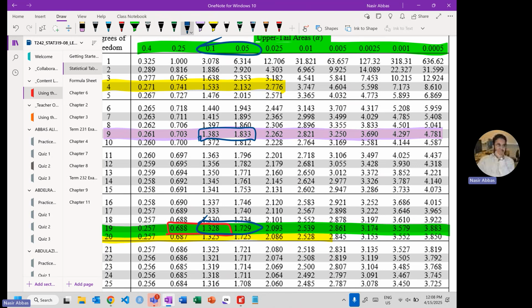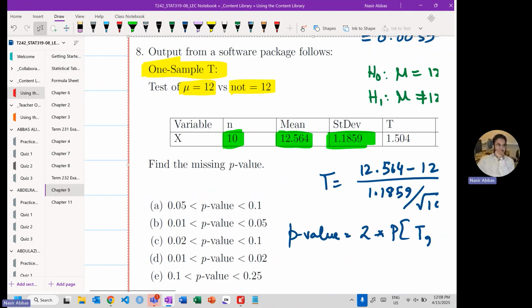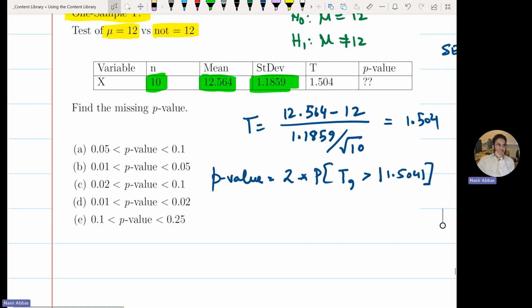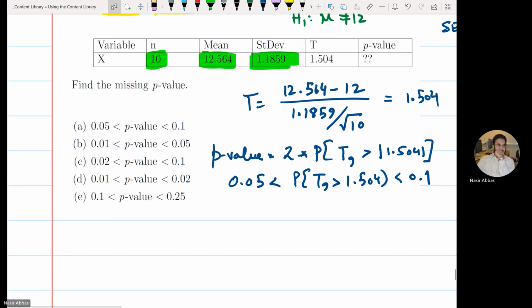So the area above 1.504 is between 0.05 and another value, which is not the p-value yet. From the T table you got this, which is not the p-value yet. To make it the p-value, what do you need to do?